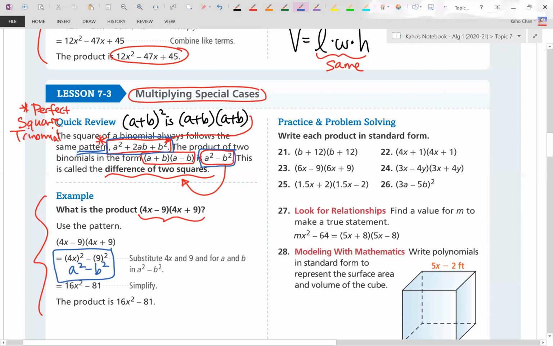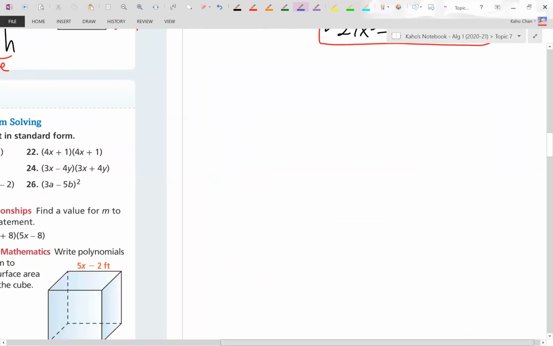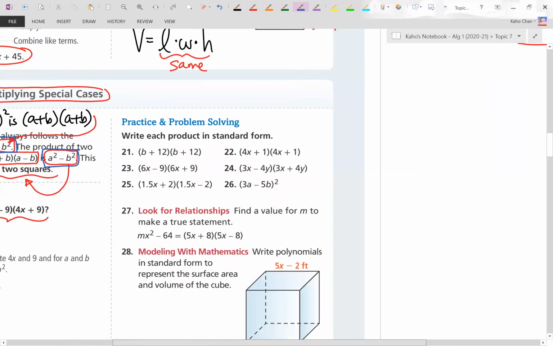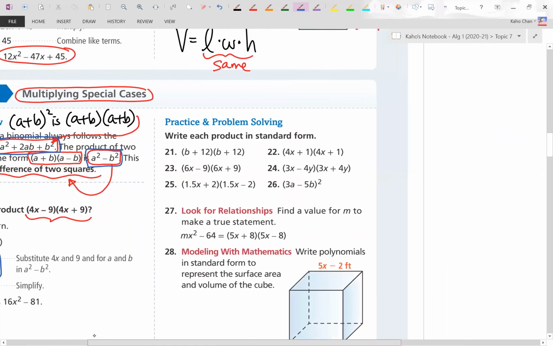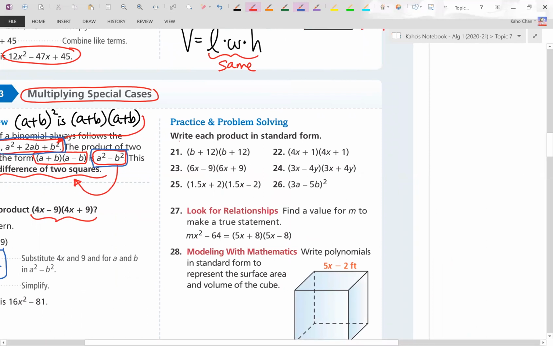All right, let's try those patterns over here off to the side here with numbers 21 through 26 and see what happens, okay? Okay, so 21. Ooh, I have b plus 12 times itself. Oh, that is a product of a binomial, okay? That's the square of a binomial.